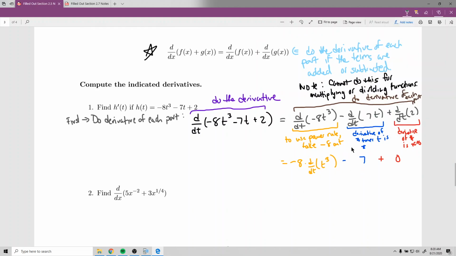Right, and now we're almost done. We can simplify this because we don't need the minus or plus 0 anymore. You know you're done when you've done all the derivatives. So after we do this derivative of t cubed and simplify it, we will be done.